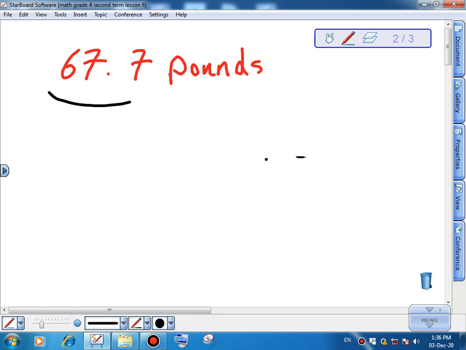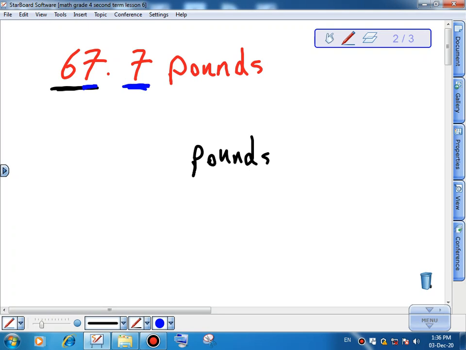So I only look to the pounds, the whole part. If I need to approximate this number to the nearest pounds, what's the meaning of pounds? To the nearest whole part. I don't need the change, don't need the piasters. I only need the whole part, 67. So if I need to approximate this number to the nearest unit, look to the units and the tenths.